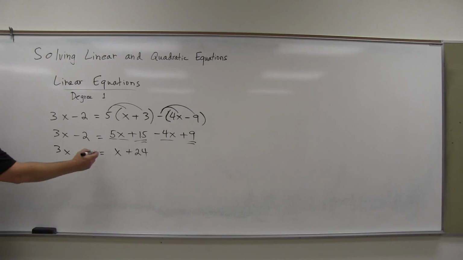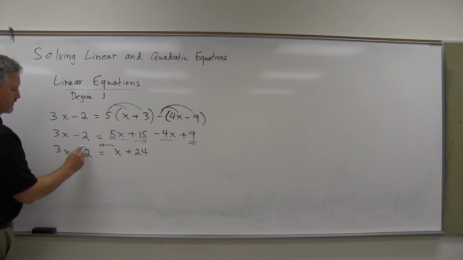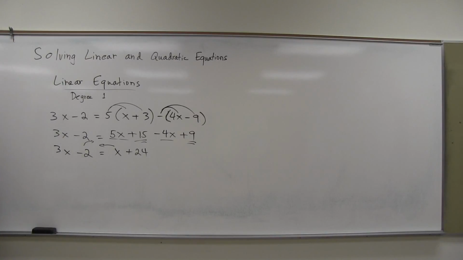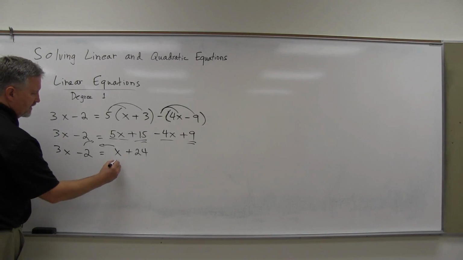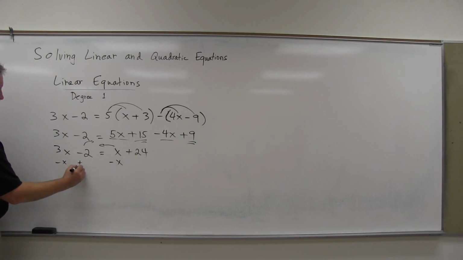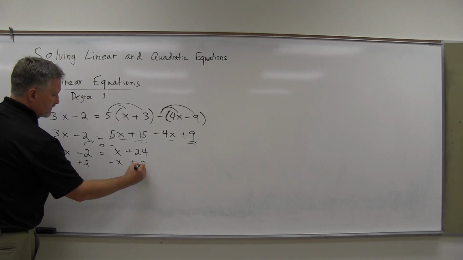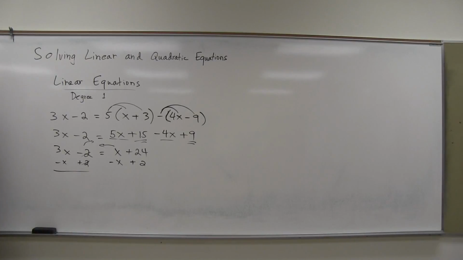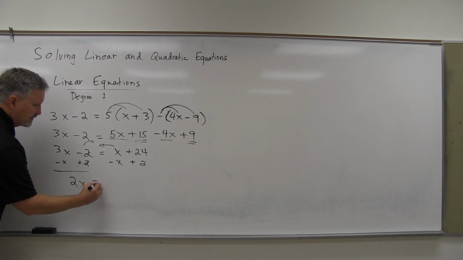So I'm going to move this x over to the left side, and then take the minus 2 term over to the other side. And of course, the way I do it is do the opposite: subtract x and add 2 to get rid of the 2. Gets rid of the 2, makes it 0. 3x minus x is 2x, combining the like terms.